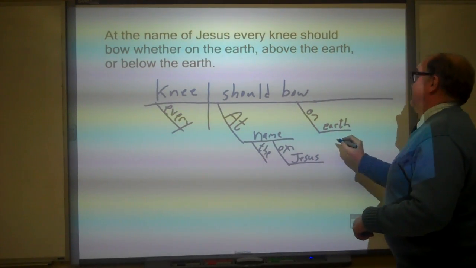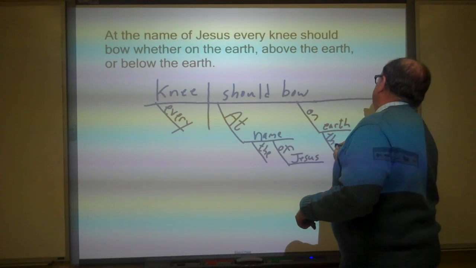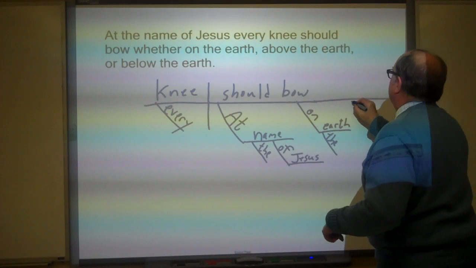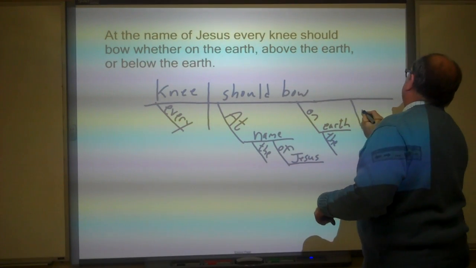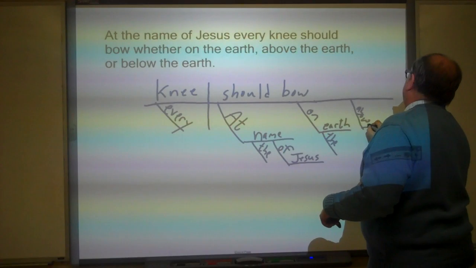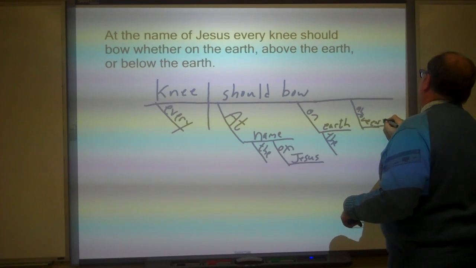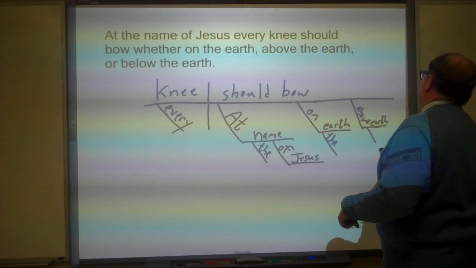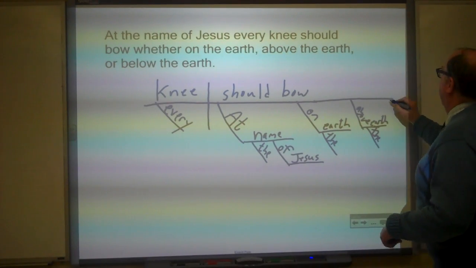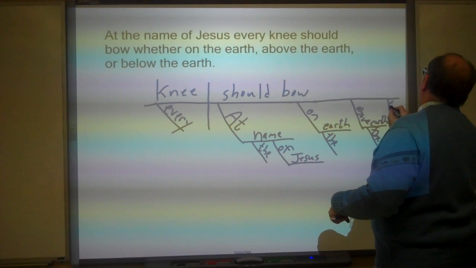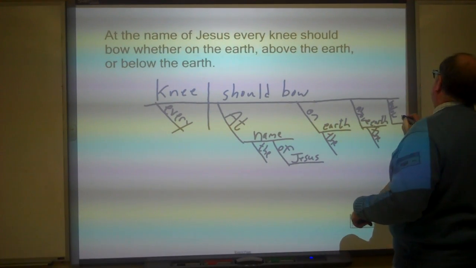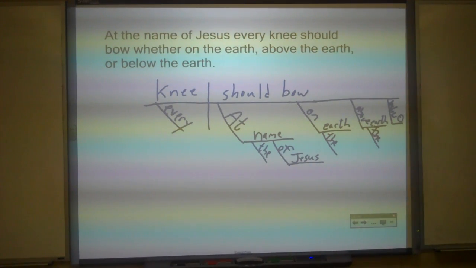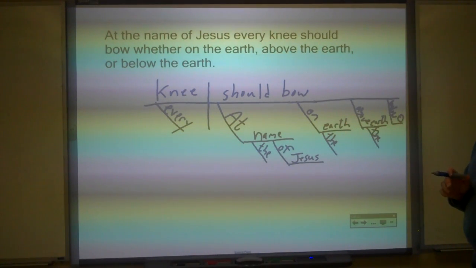I don't know if we're going to have enough room here. The modifying earth. Above earth, the. And below. I'm running out of room, so I'll just use the sign for earth. I think it's the round circle with the dot in the middle, isn't it?